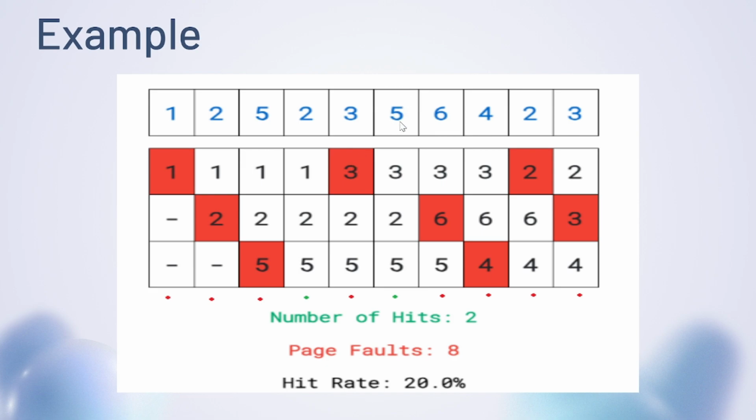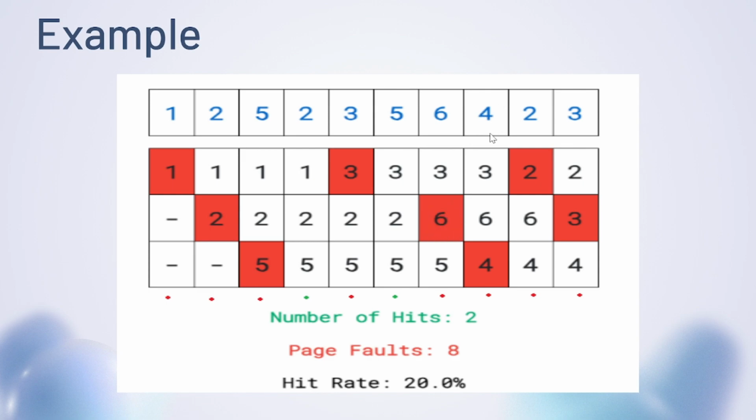The next step is block 5. Block 5 already exists in cache memory, so it is a cache hit, and I have a green dot here. The next step is block 6. Because block 1 has disappeared, block 2 is now the block that has stayed in cache memory longest, so block 6 will replace block 2.